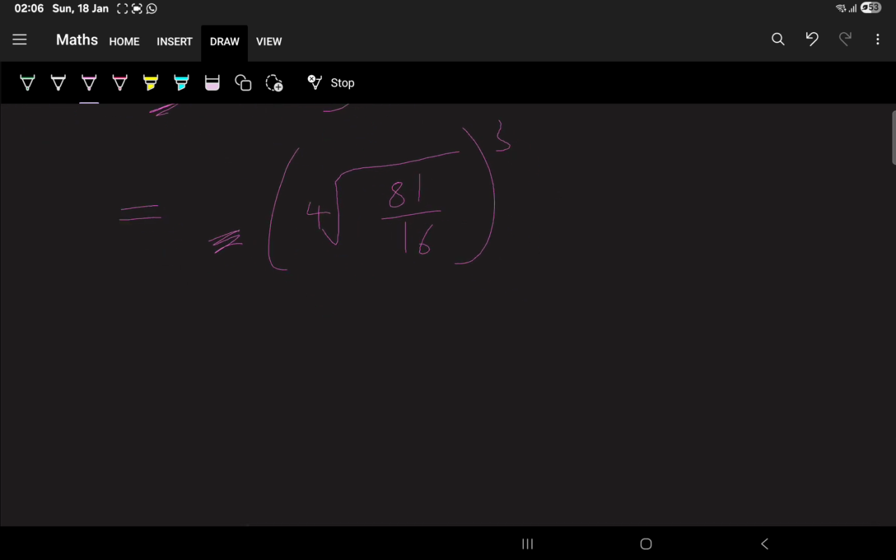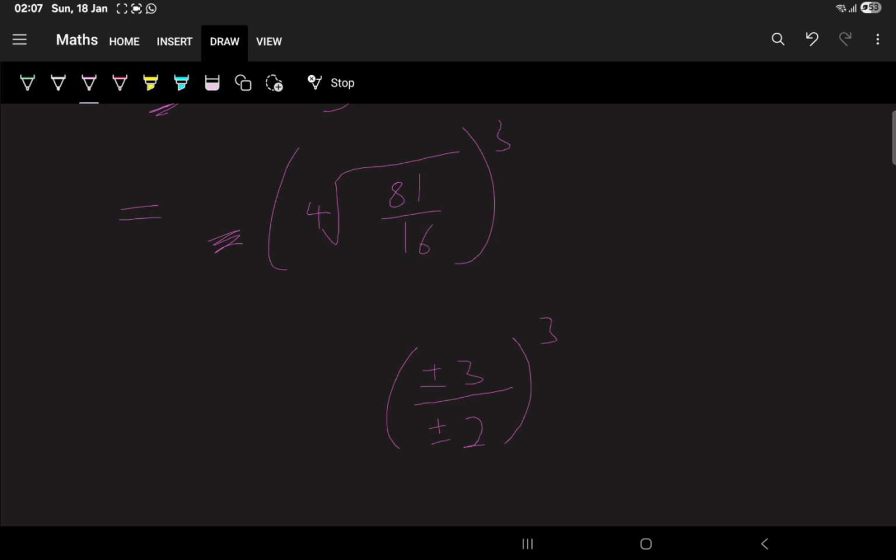Now the fourth root of 81 is plus or minus 3. 3 raised to the power of 4 is going to be 81. So also the fourth root of 16 is plus or minus 2.